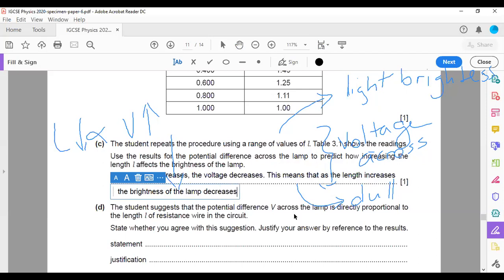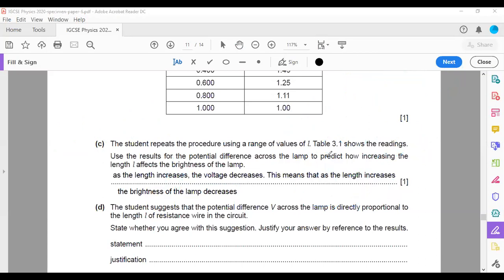So that's what we mean by that. Because the voltage drops. When the voltage drops, the lamp itself is going to have less power, so the lamp will be dull. Good. So we're moving down now.